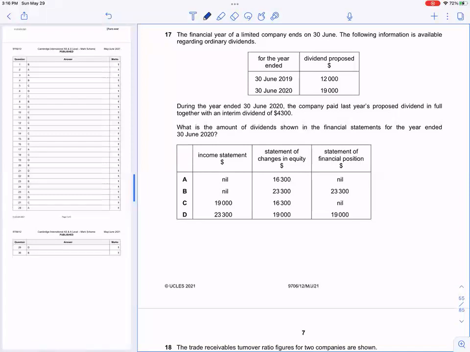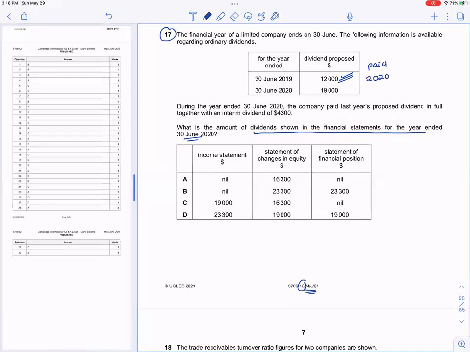Now we are doing the 17th one, May-June 2021, paper 12. What is the amount of dividend that is shown in the financial statement for the year ended 30th June 2020? 2019 dividend is proposed in 2019. It will be paid in 2020. Are you with me?